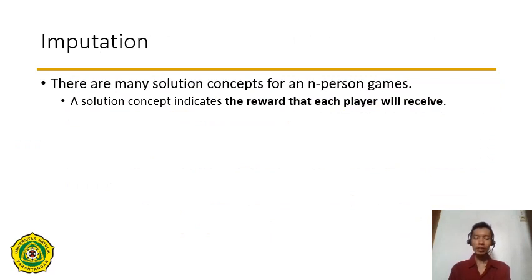Now we have defined the characteristic function of a game, in which we say that this is the amount that this subset or coalition will receive. Now let's talk about the actual solution. There are many solution concepts for an n-person game. Solution concept here means the reward that each player actually receives.